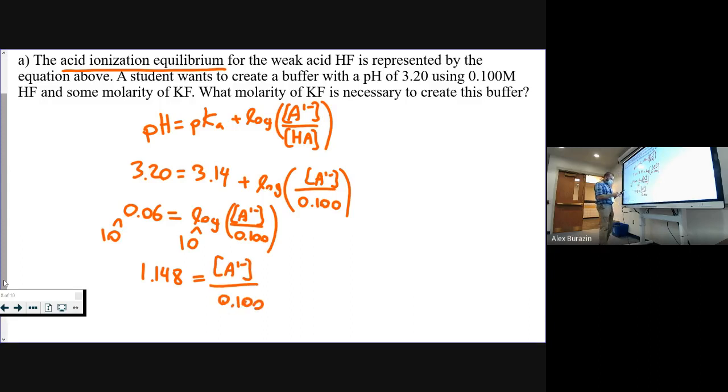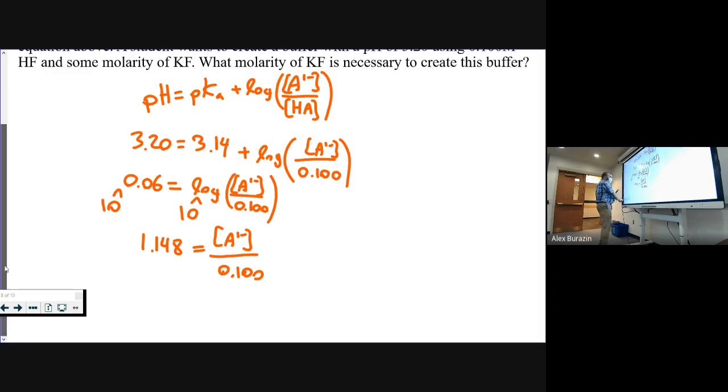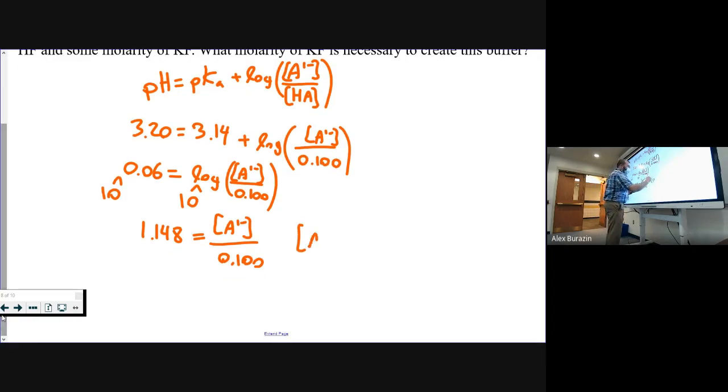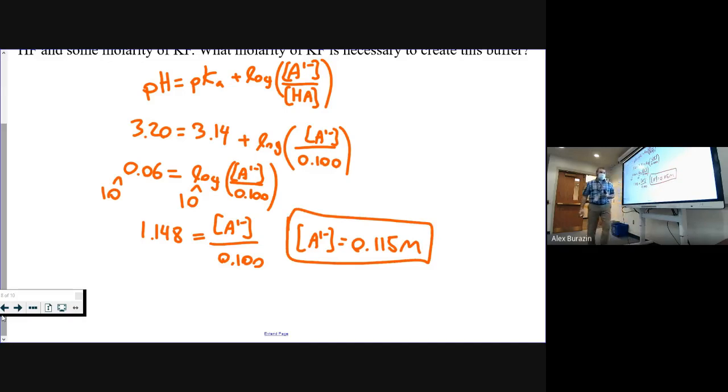So I can multiply that by 0.1, and you should get a molarity of your conjugate base equal to 0.115.